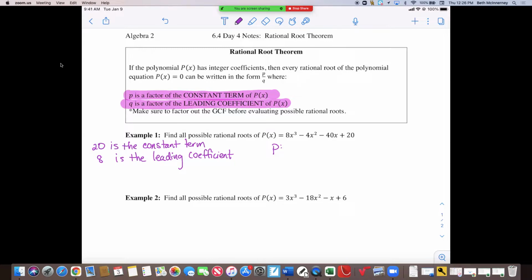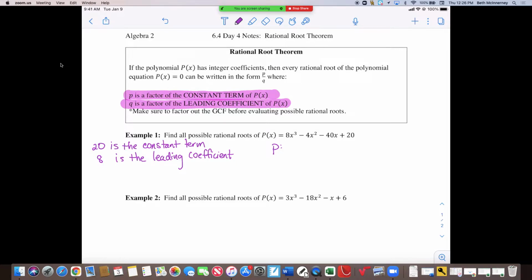So now, I'm not looking at capital P, I'm looking at lowercase p, and I want to think about what are all the factors of 20. So 1 times 20, but couldn't I also have negative 1 times negative 20? I could have 2 times 10, negative 2 times negative 10.